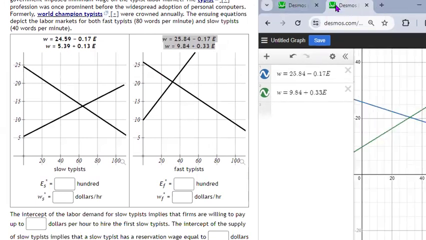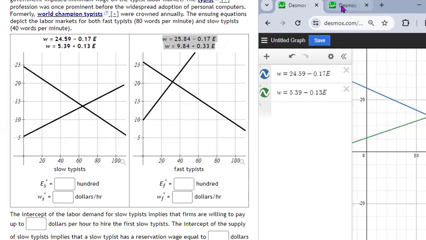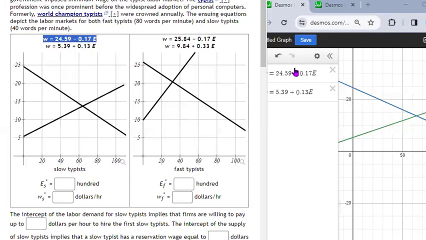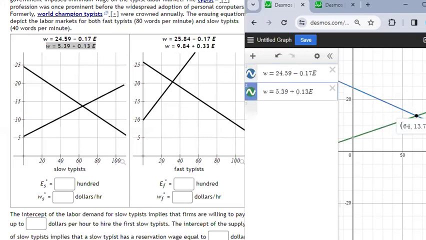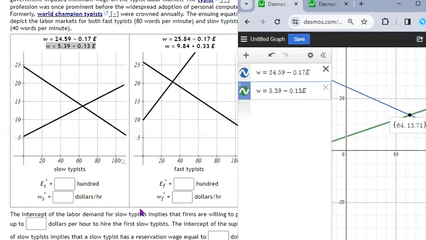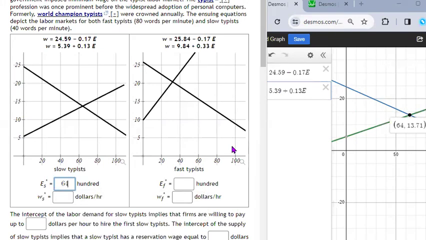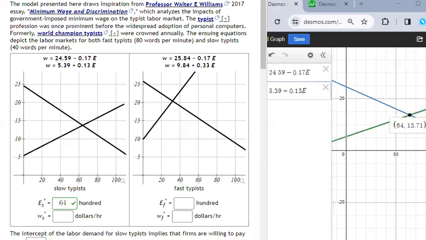So now we can use the 2 diagrams here in Desmos to compute the equilibrium employment level and the wage rate, right? For the slow typist, with that labor demand equation and this labor supply equation, we have an employment level of 6,400, and they're getting paid $13.71 an hour.